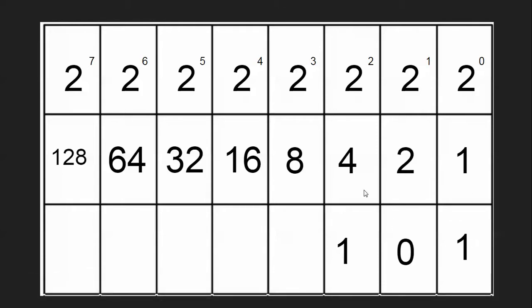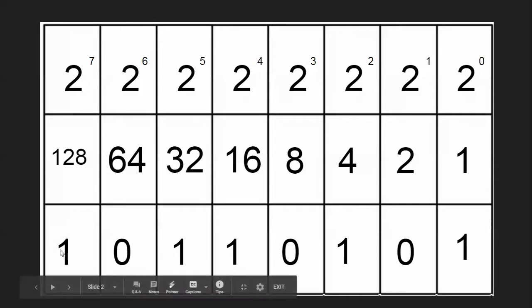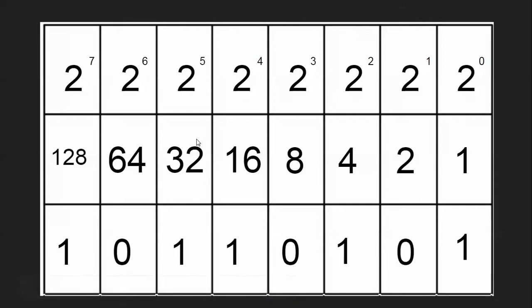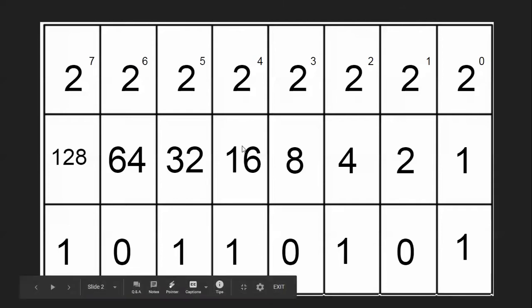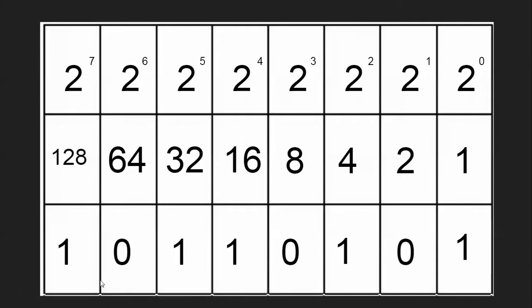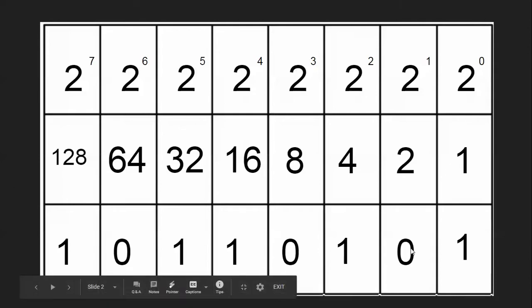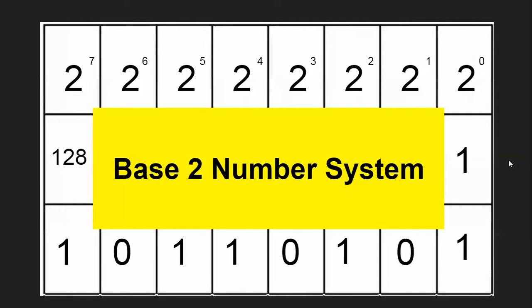If we filled the whole thing up with a bunch of 1s and 0s, you would have 128 plus 32, which is 160, plus another 16, which is 176, 180, and 181. So this would be the binary version of the number 181. And again, this is called a base 2 number system.